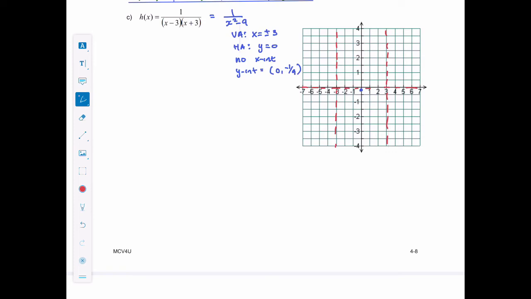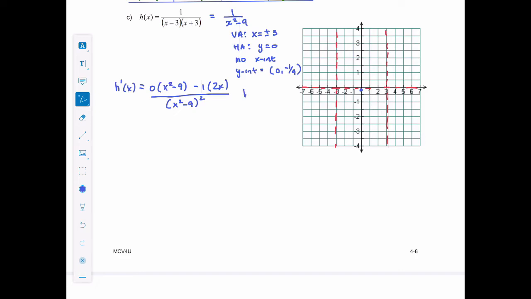So let's do this. h prime of x is equal to the derivative of the first, which is 0, times the second. And when I say first and second, I'm talking about numerator and denominator. Subtract the numerator times the derivative of the denominator, which is basically 2x, all over x squared minus 9, squared.